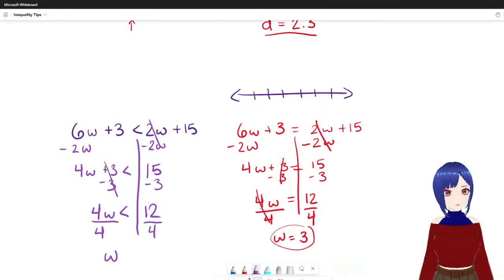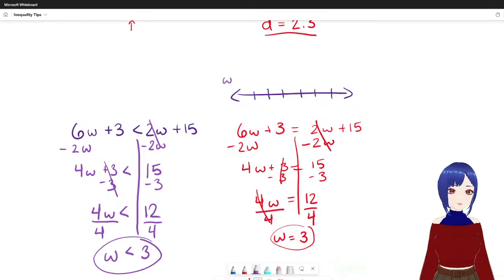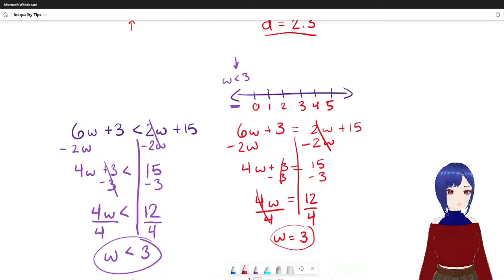Since 4 is positive, we don't have to worry about making any changes to our inequality. So it'll just be w is less than 3. It's a less than symbol, so we're going to shade to the left. Strictly less than 3 is not less than itself, so we cannot shade in the 3 to include it in our answers. So we shade to the left with an open circle.